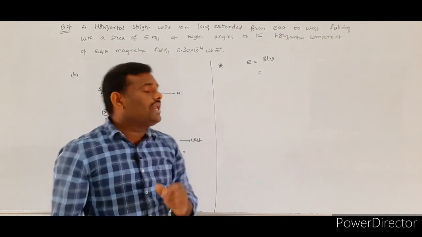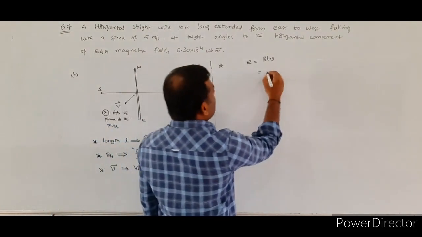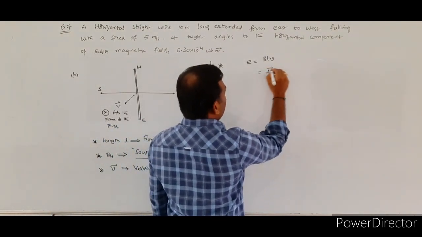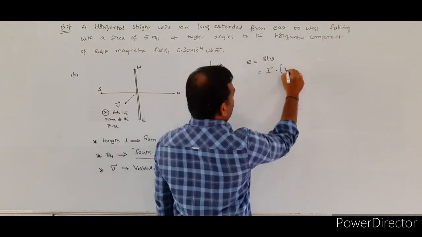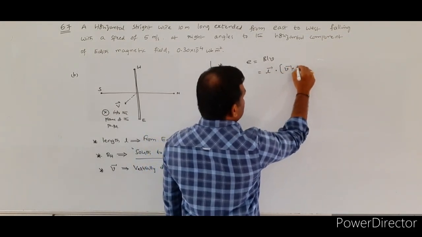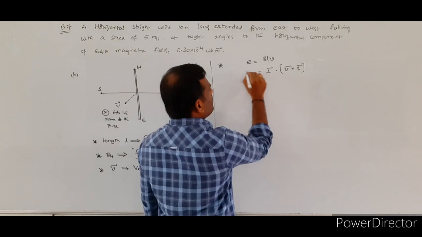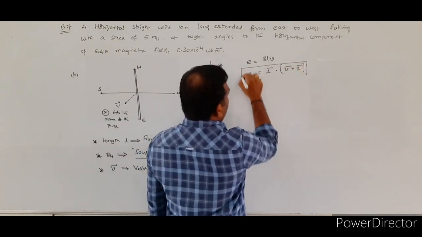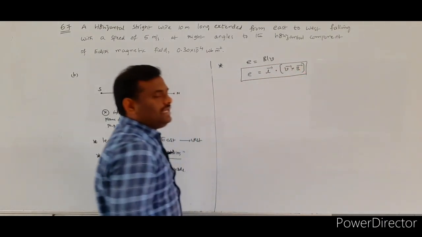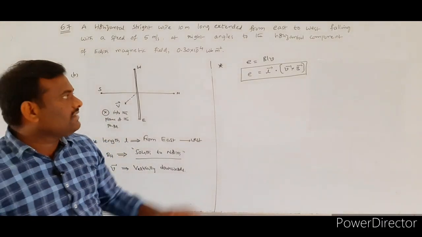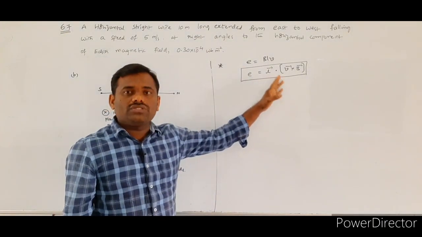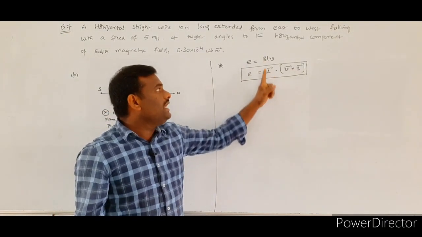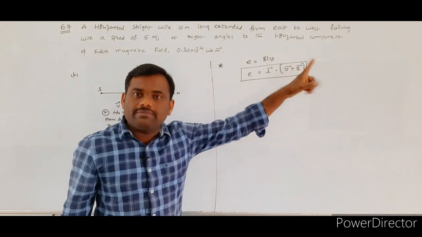This induced EMF can be written as L bar dot V bar cross B bar. So the other form of representation of the motional EMF is L bar dot V bar cross B bar.